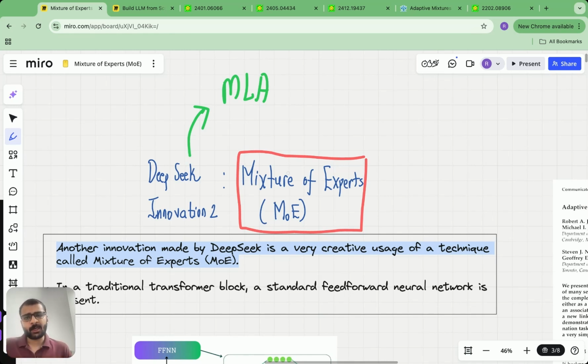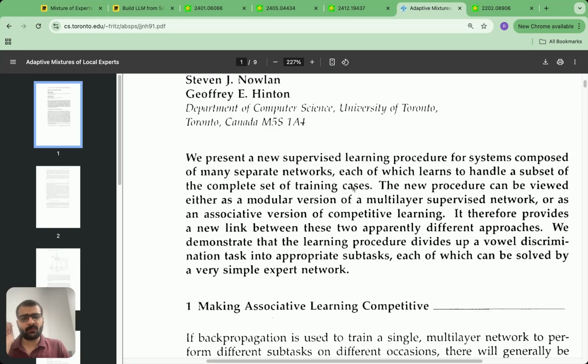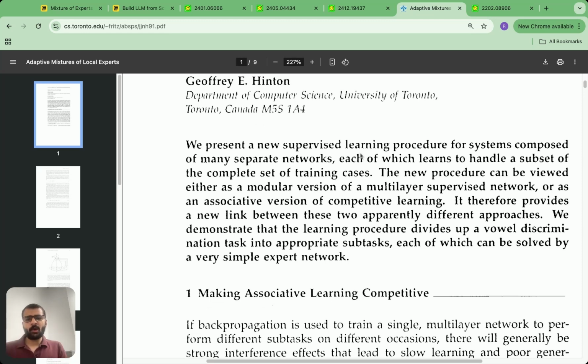DeepSeek built upon that innovation and added some new tricks and techniques of their own. This is what I believe DeepSeek did so nicely. Instead of reinventing the wheel, they just borrowed what everyone has done and built on top of that, built something really cool and innovative.